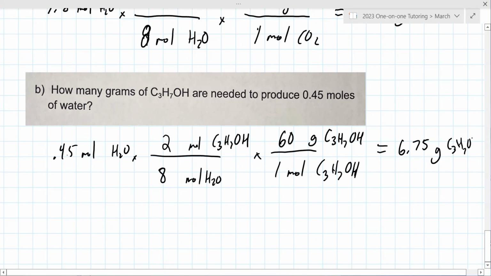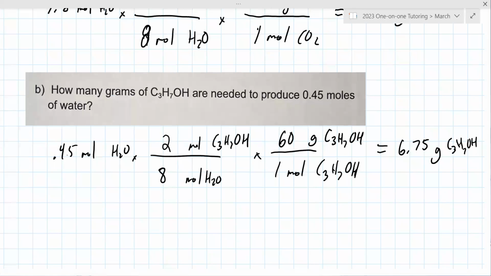Divided by 8. 60 divided by 8, 6.75 grams of C3H7OH.